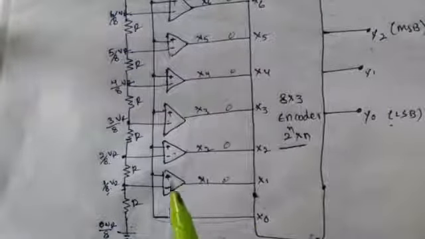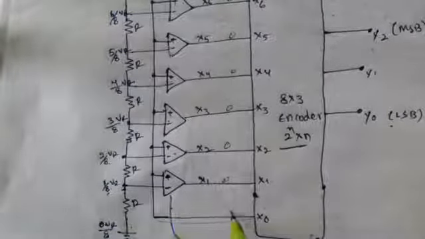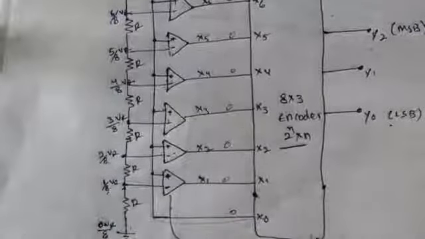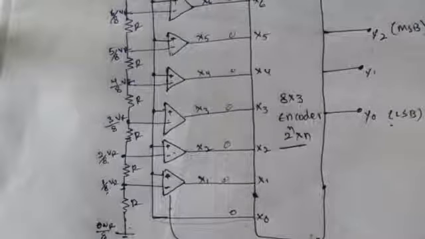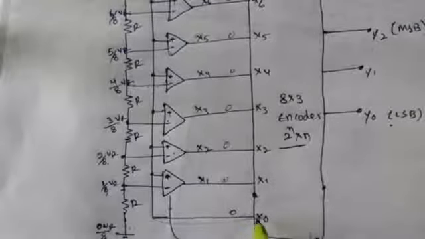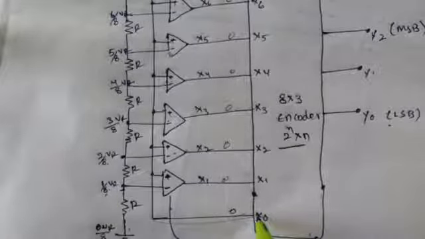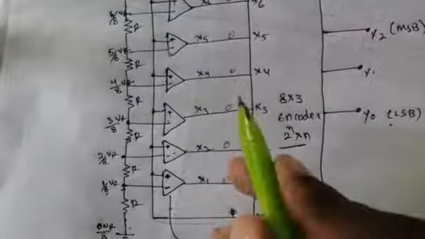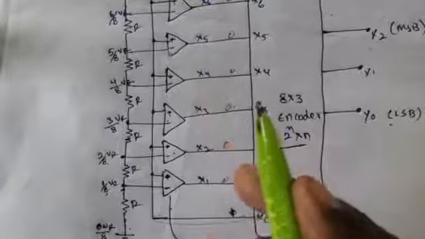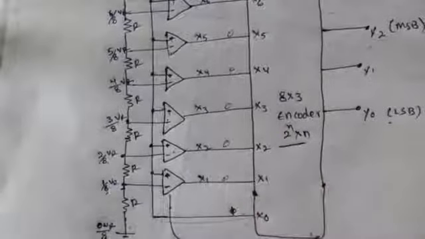Why? Because even if the input voltage is 0, this last one will be activated directly. So this will be activated, and the remaining are all zeros at this level.